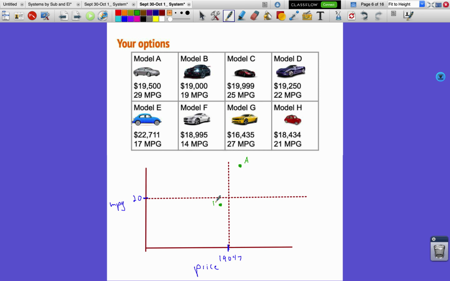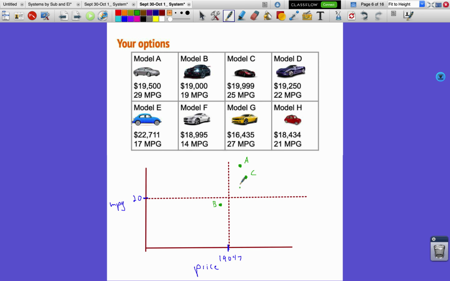Make a point there and label it B. Model C, 19,999, that's going to be on the right side of this, and up here, label that C.